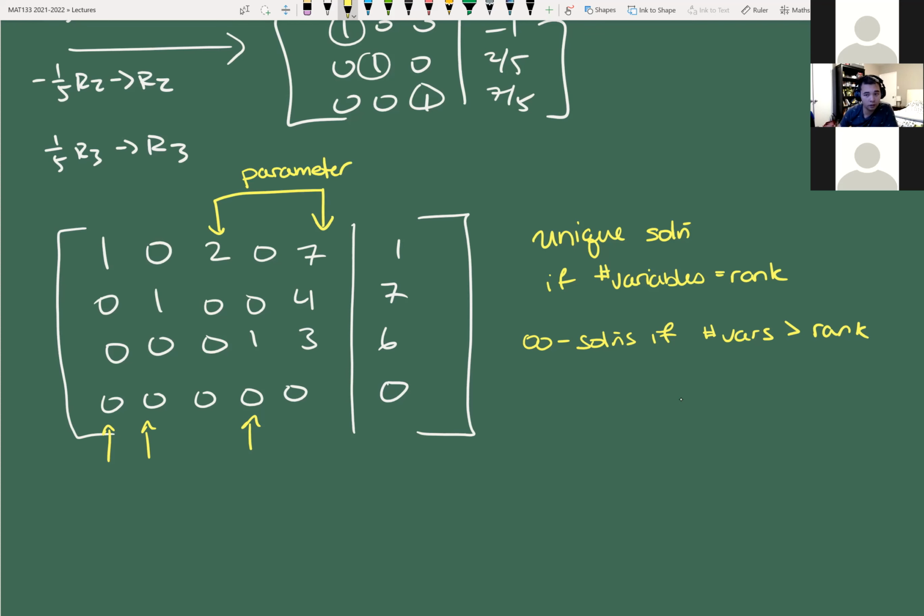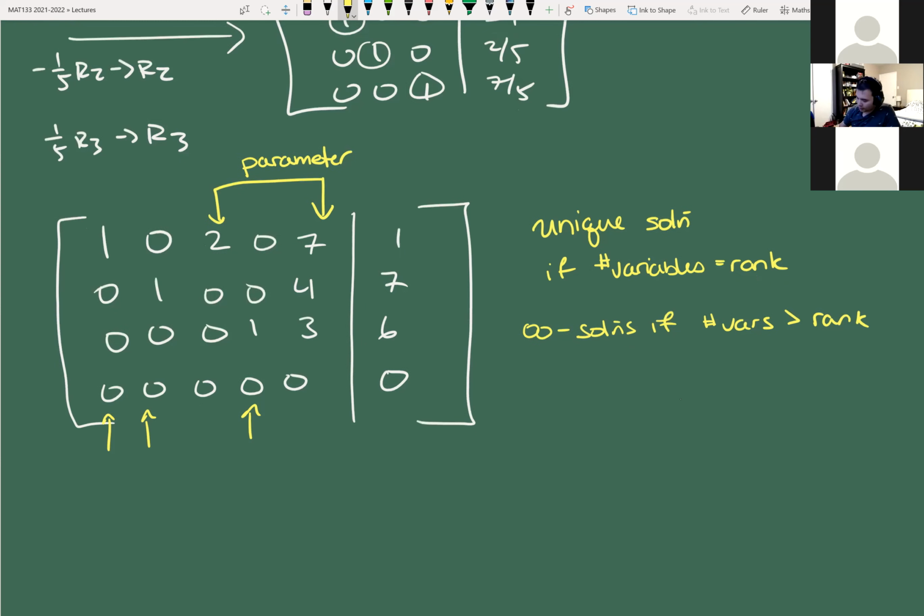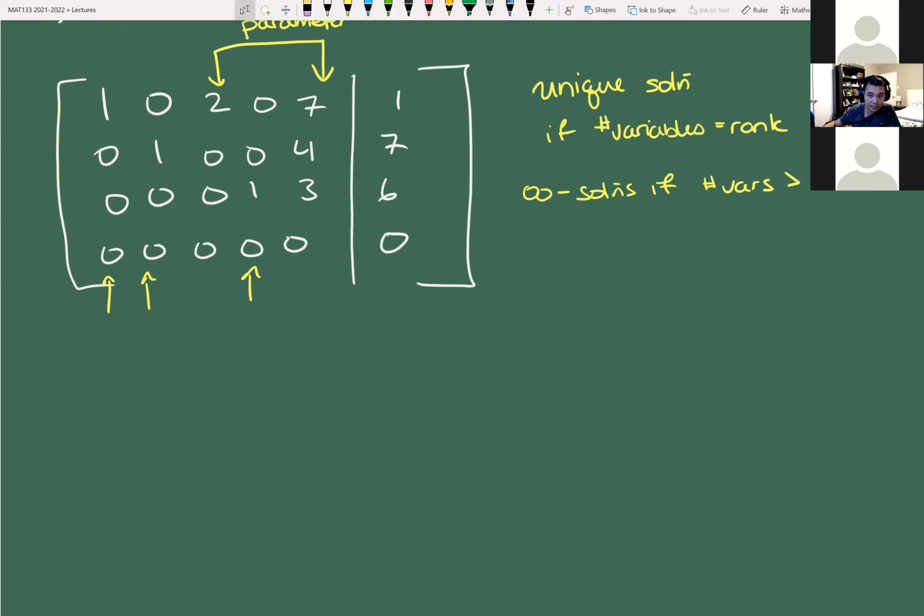Okay, let me show you. Let me actually write this system. So, if we were trying to solve this linear system and I got it to this point, and I'm now actually trying to solve it, what I would do is rewrite this as a system. So I'm going to take it out of its augmented matrix form and write it as a linear system. So we get x1 plus 2x3 plus 7x5 equals 1.